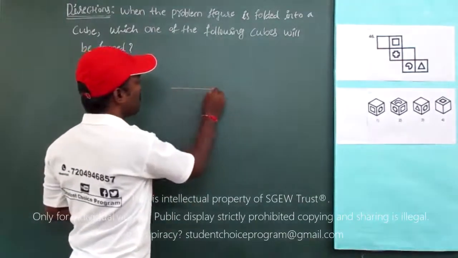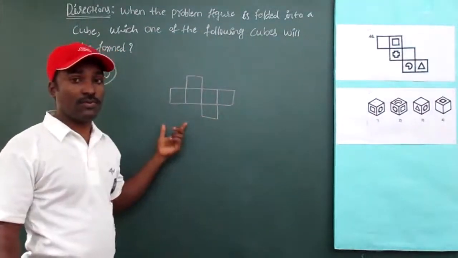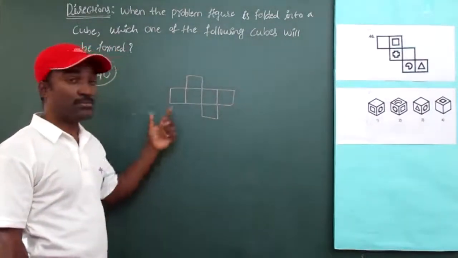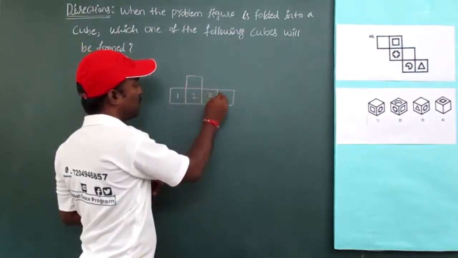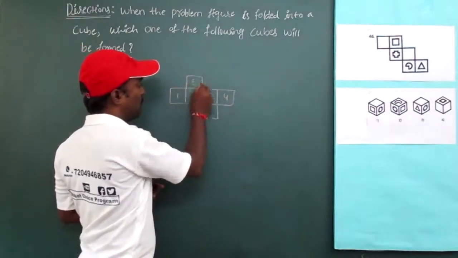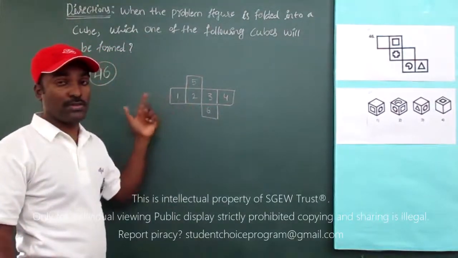So this is a general form of unfolded cube, and I will number the faces. So this is first, second, third, fourth, fifth, sixth. So I have given numbers to all the faces.